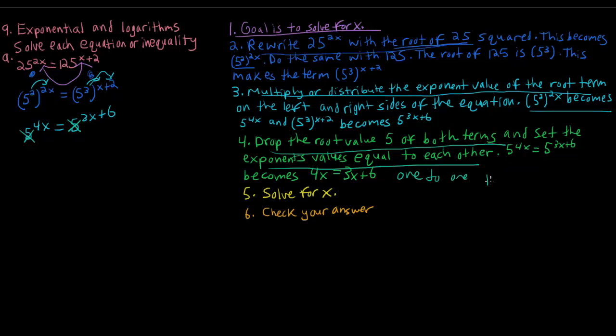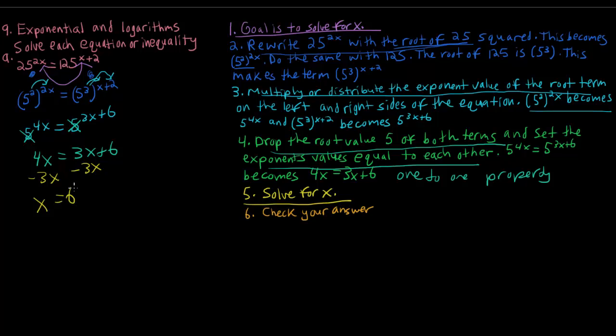Since we have a value of 5 on both sides, we can get rid of it. So that leaves us with 4x equals 3x plus 6. Now step 5, it just says solve for x. So to solve for x, we would just subtract 3x from both sides. That gives us x equals 6.